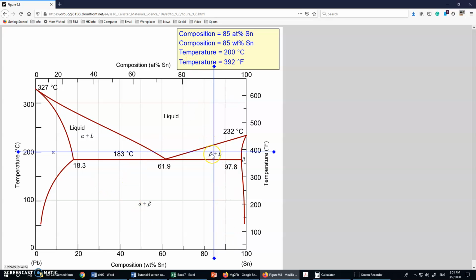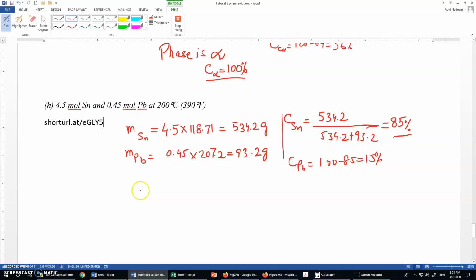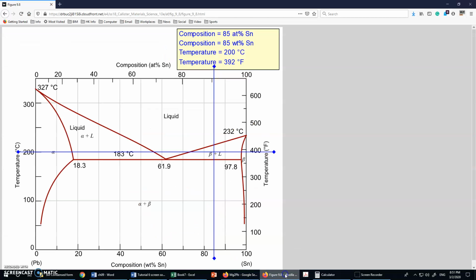Yes. So we are in the liquid and beta phases. Beta plus liquid. Two phases are present: liquid and beta. So the composition of beta and the composition of liquid we can see from here.